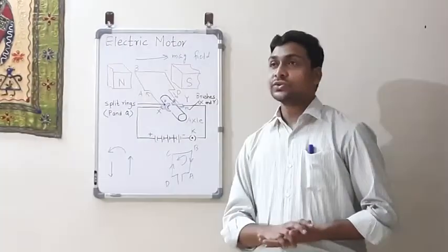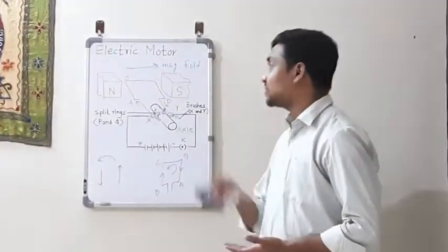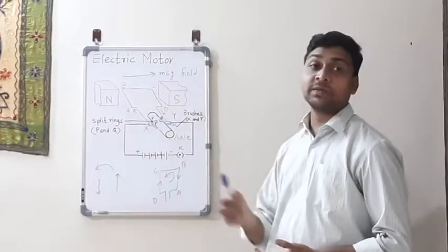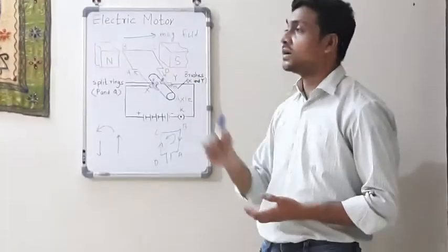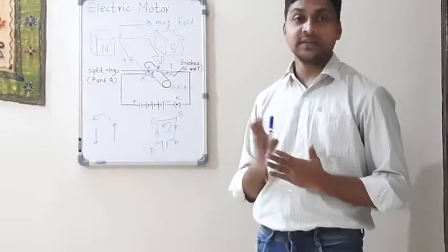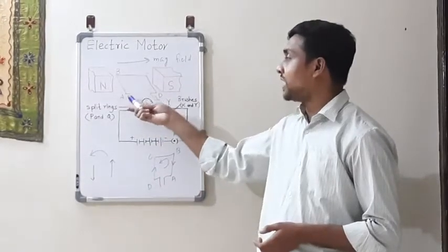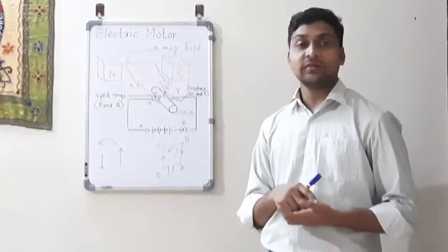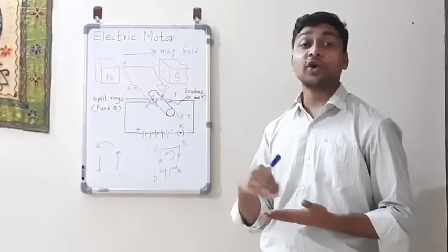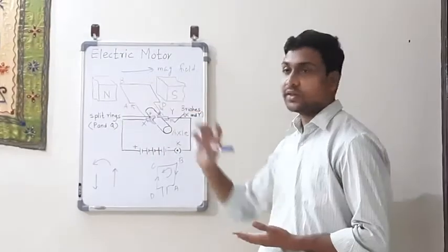When we talk about a commercial electric motor, the permanent magnets are replaced by electromagnets. The north and south you are seeing here are permanent magnets, and they are replaced by electromagnets. Here we have the coil ABCD, a single turn coil, but in a commercial motor they use a number of turns of the coil; they increase the number of turns.